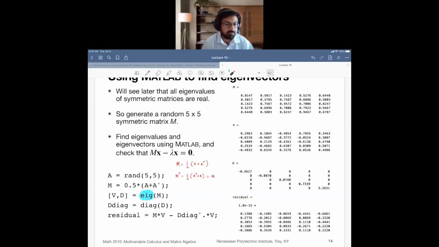Then I'm going to see whether these are in fact eigenvalues and eigenvectors for this M. And the way I'm checking is by evaluating whether Mx minus lambda x equals 0 or not. So I compute M times the eigenvectors minus the diagonal I made here multiplied by x. So Mx minus lambda x. And I will see what that residual is when I subtract them.